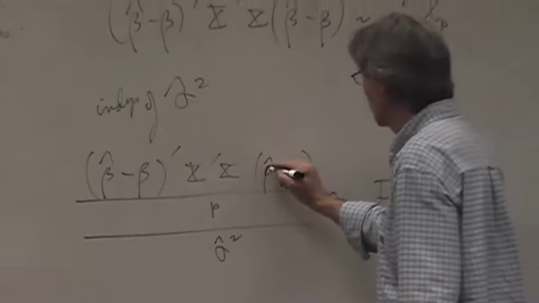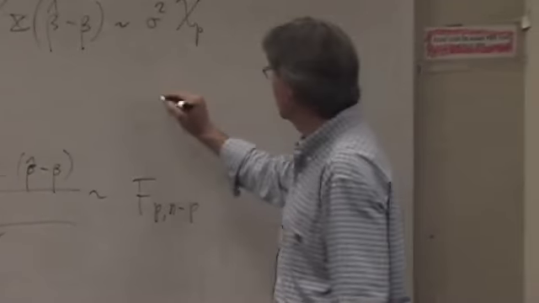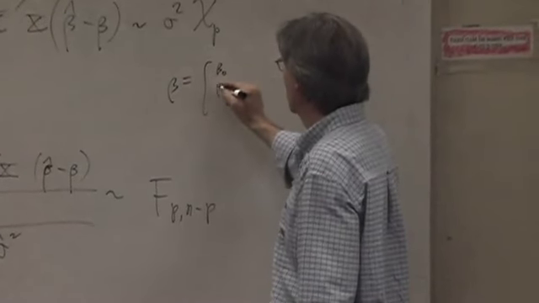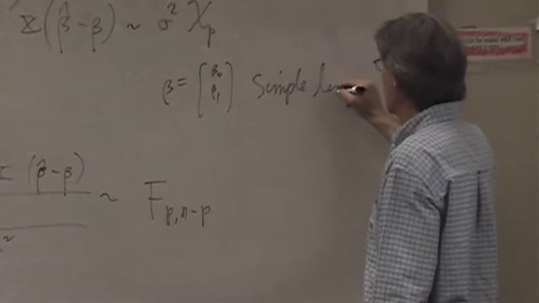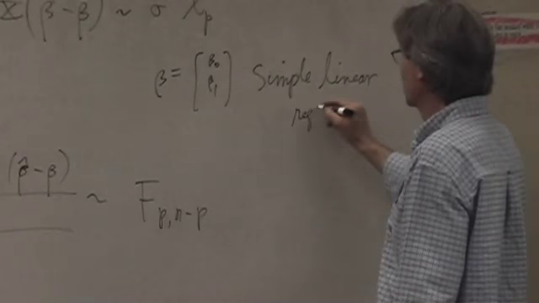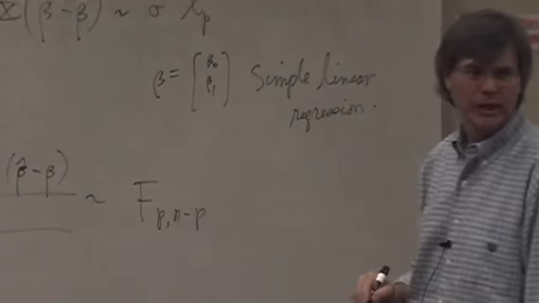What you get is a joint confidence region for beta. Okay, beta equals, in this case, let's say for simple linear regression is just beta 0, beta 1, though this can be done in any number of dimensions. So let's just take 2 regression parameters to illustrate.